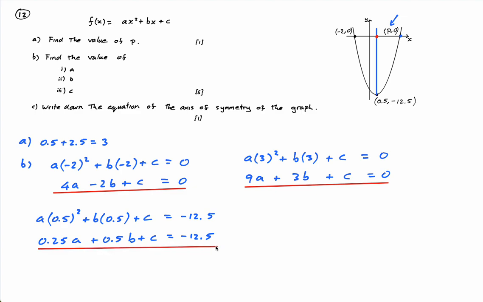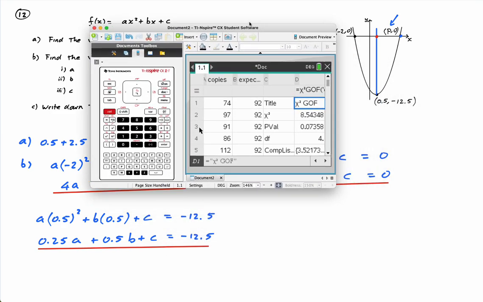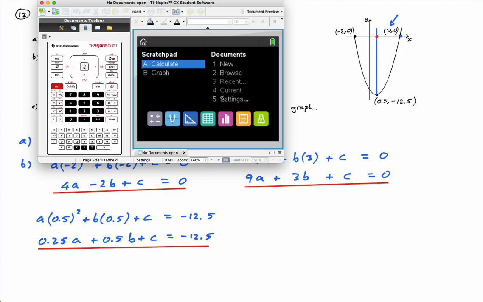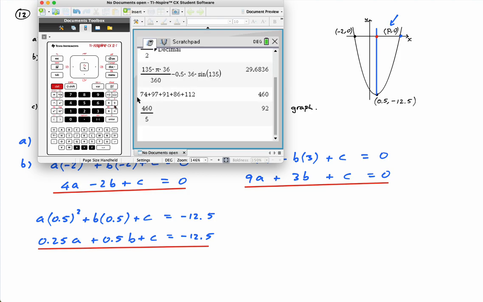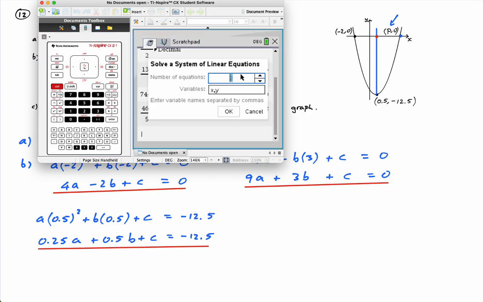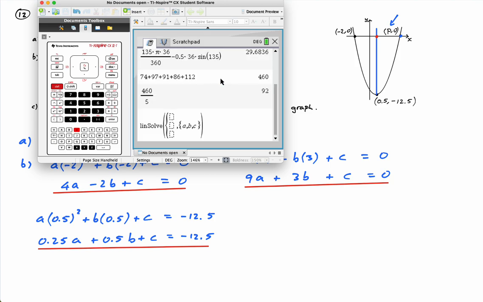Now, guys, solving 3 equations for 3 unknowns is really difficult if you don't have a GDC, but we do have a GDC, and if you do have a GDC, it's really easy, because all you have to do is this: menu, algebra, solve a system of linear equations. I want 3, and I can even call this a, b, c, and then I just literally type in the equations.